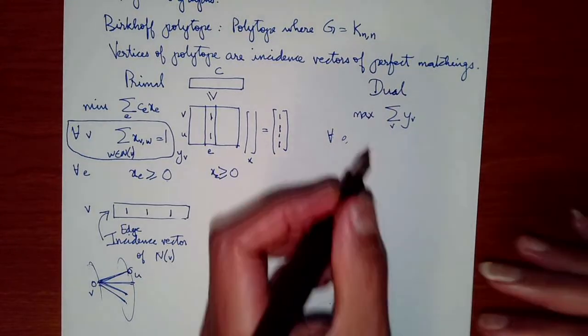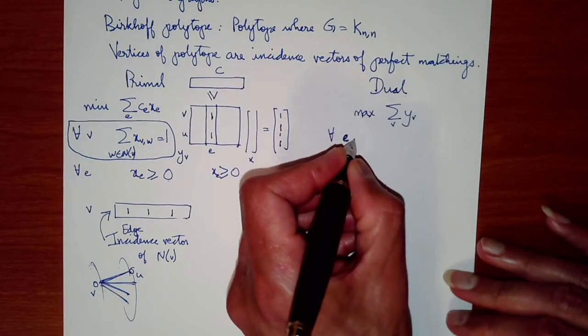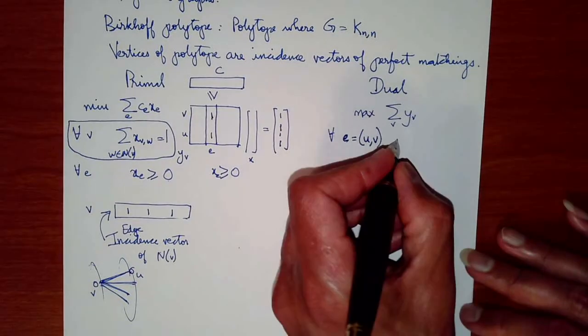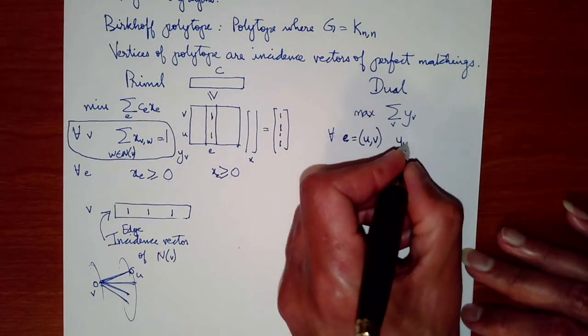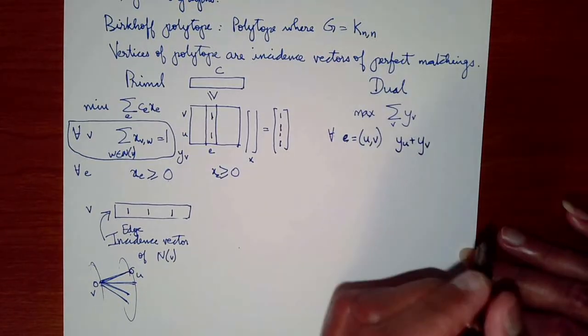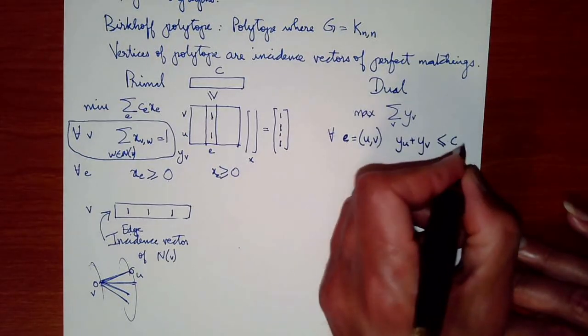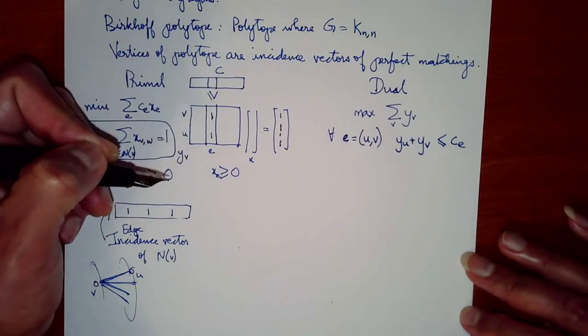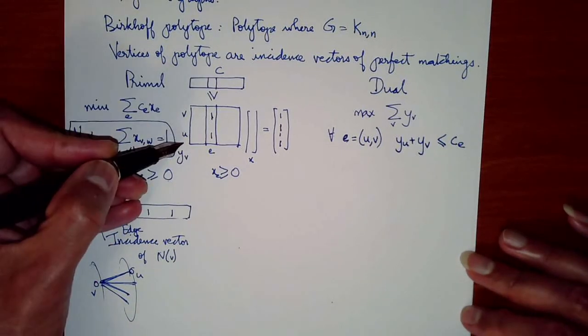Okay, so for every edge UV, we're going to get the constraint YU plus YV is at most CE, right? Because this would be CE over there. So YU plus YV is at most CE, that's the dual.